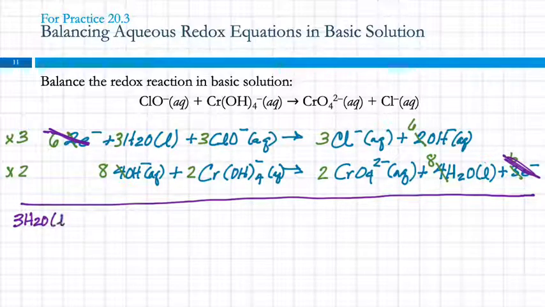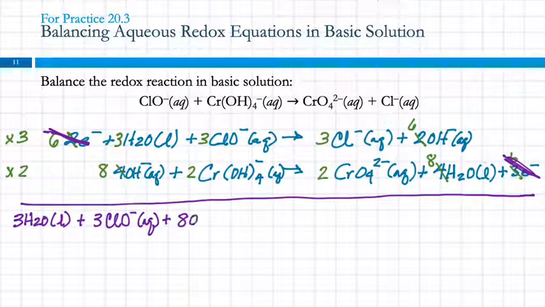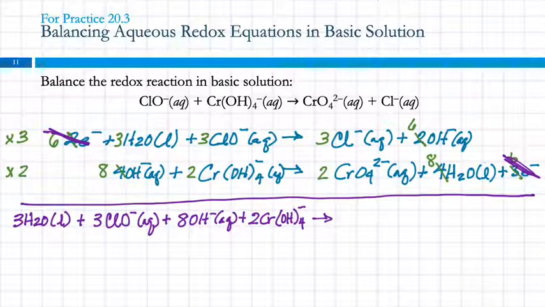3H2O liquid plus 3ClO minus aqueous. Plus 8 hydroxides plus 2 of those weird guys. Go back and look, make sure I got everybody.